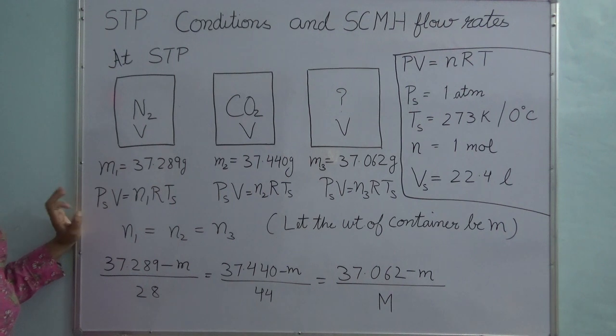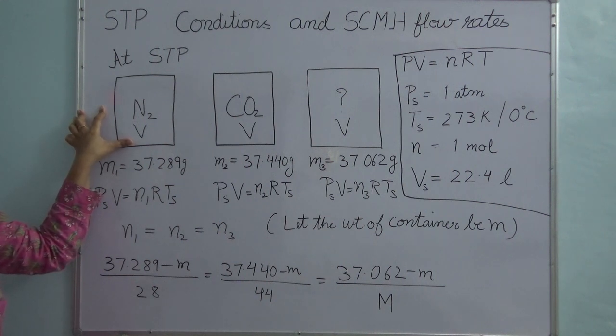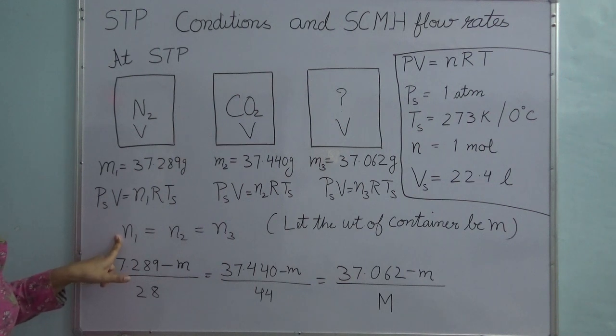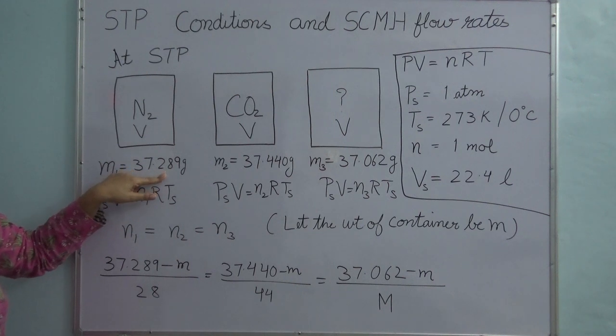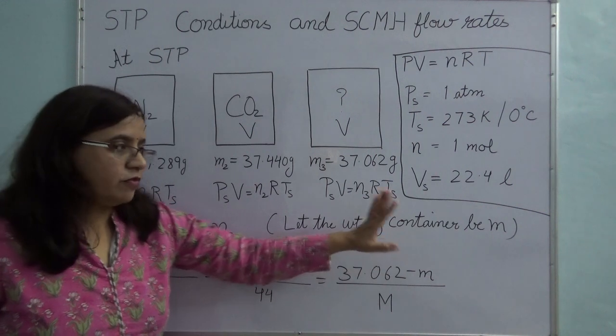Now further, in order to solve this problem, I have to find out the weight of the container, because if I have to find out the weight of the gas which is there, I have to subtract the weight of the container from this total weight. So let us call the weight of the container m.